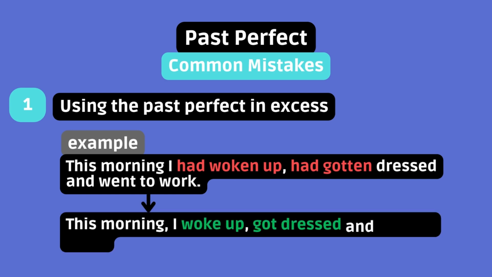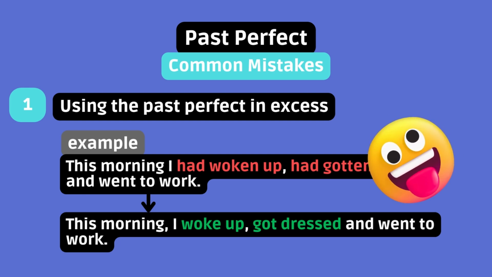Should be, this morning, I woke up, got dressed, and went to work. Here, no need to use the past perfect, since you are sequencing actions in the past that are obviously done in that order. Any other order for such a morning routine is freaky, to say the least.